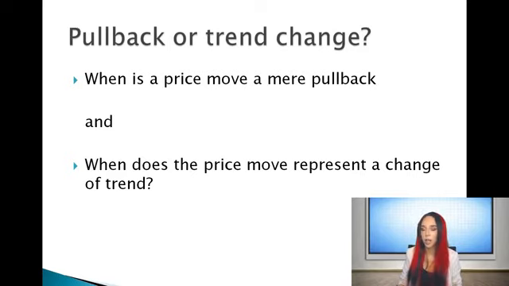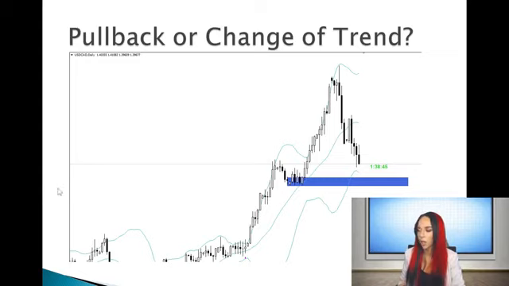So let's go back to that USD CAD chart again, but this time I'm going to mark the first obvious demand, regardless of whether it's strong or weak. So here it is, very obvious demand.